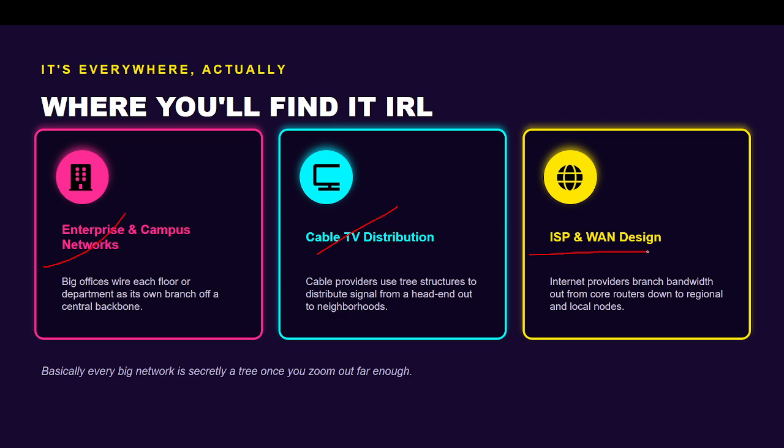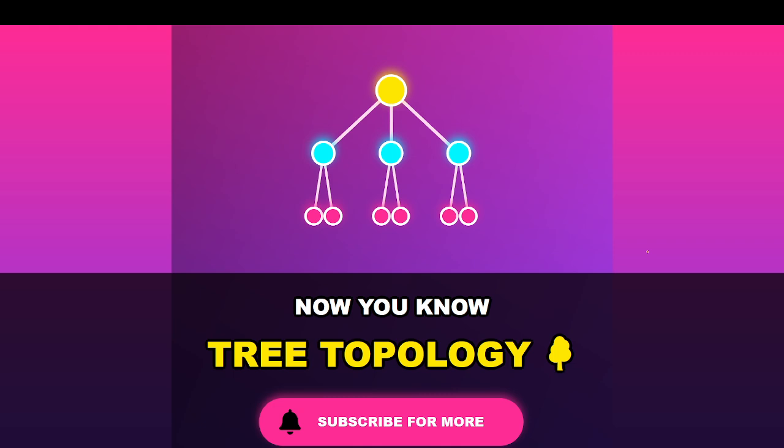ISP and WAN design: ISPs branch bandwidth from core routers down to regional then local nodes. Basically, every big network is secretly a tree once you zoom out far enough. So now you know why the root node is basically the parent that everyone secretly depends on.